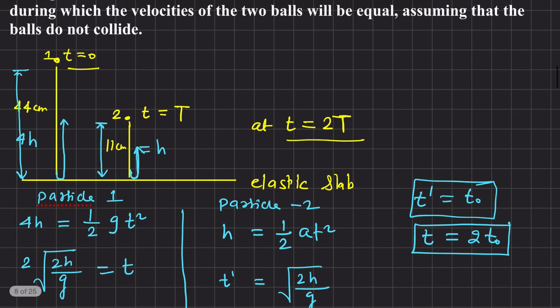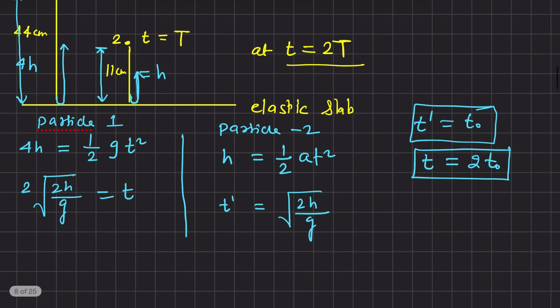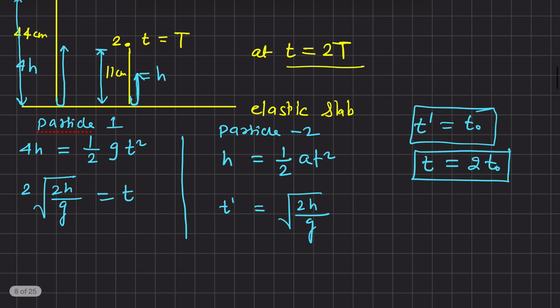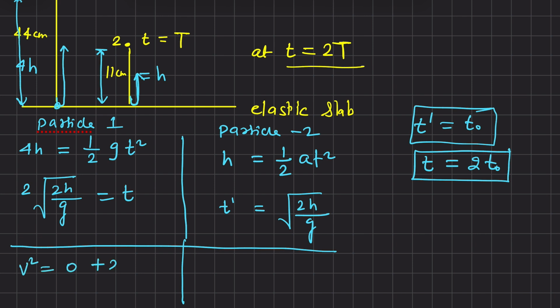Now the second thing is about the velocity. When it is going to hit the ground, it is going to have some speed. That speed, if you remember, you can directly say, but okay, I'm going to solve this also for you. Final velocity v square is equal to initial velocity 0 plus 2g into 4h.